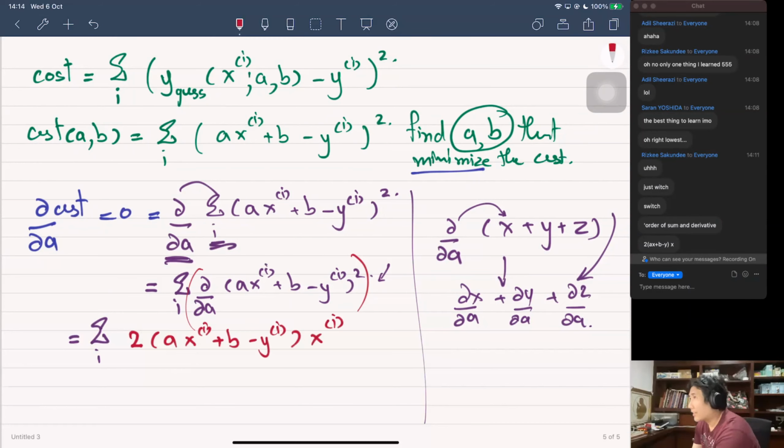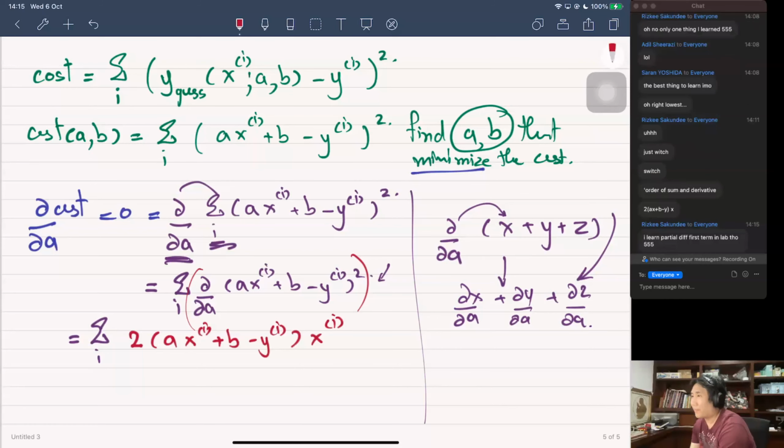Is everyone good? You still remember something from calculus, like how to take derivatives. Let me simplify this a little bit. This is 0.